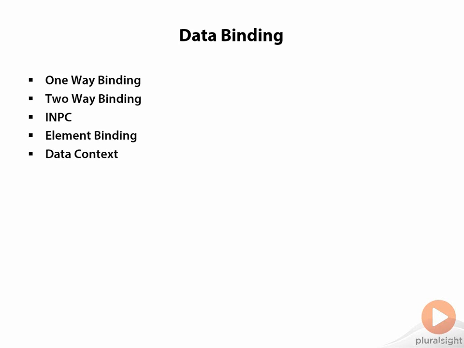You can bind not only individual pieces of data, but collections of data. And these can be bound to controls such as list boxes and combo boxes. When you do, you will need to tell the list what part of the data to display. And you will do that with data templates.